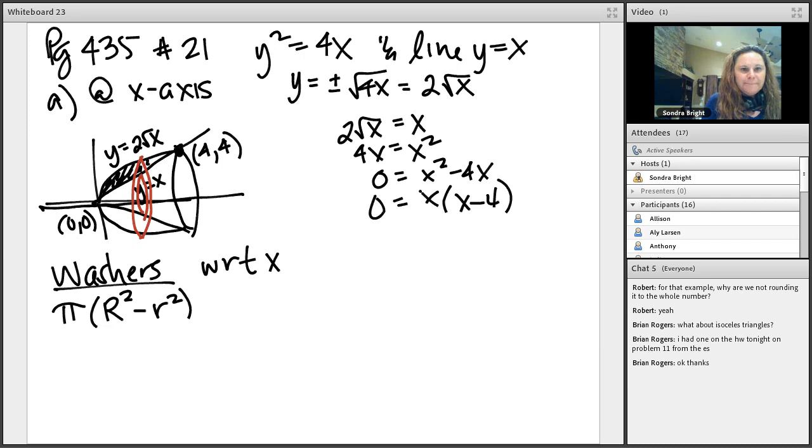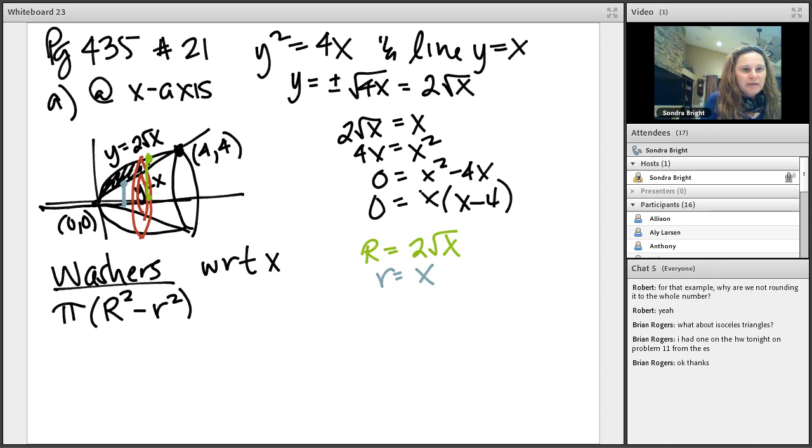Your big R is this distance to there, so the 2 rad x is your big R. And then the little r is this radius right there, it's just the y equals x, so little r is just x.